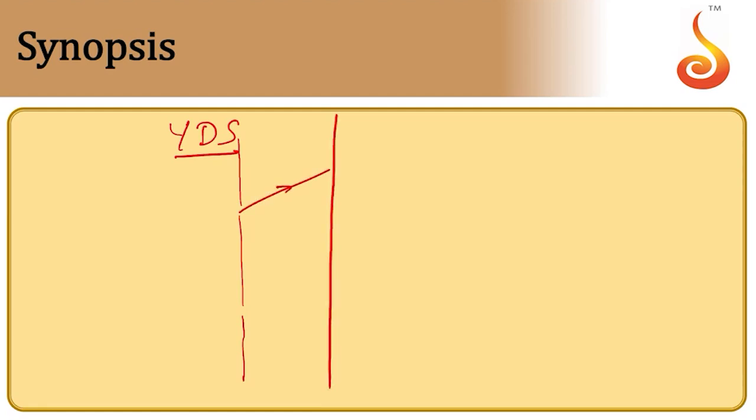The first slit sends the light along this direction, and the second sends the light along this direction to produce interference. d is the slit separation, and for small angle the path difference is d sin theta, approximately equal to d theta, approximately equal to d tan theta.